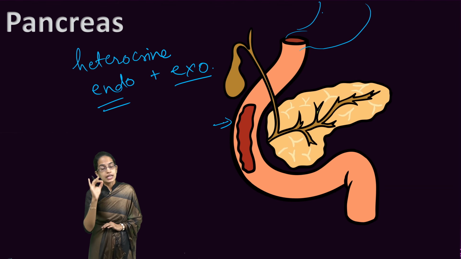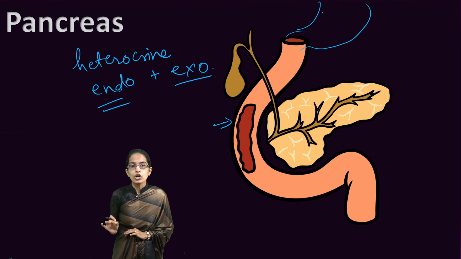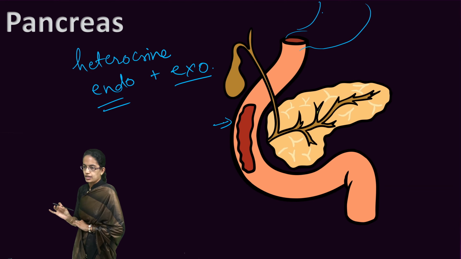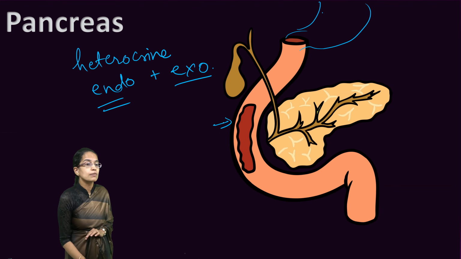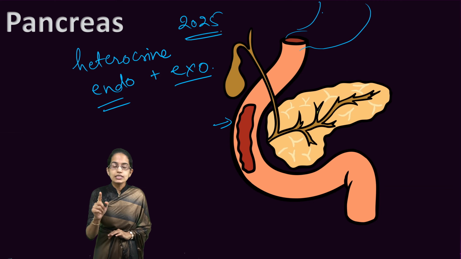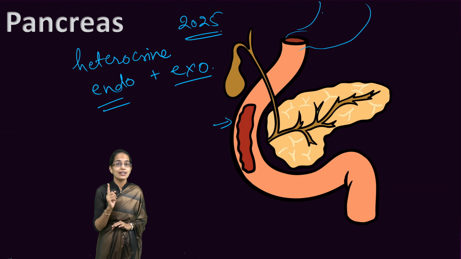Worldwide, the data says that around 25 crore people across the globe are diabetic, of which 4 crore people are in India. It is believed that by 2025, nearly one child out of every 5 would be diabetic. So with that high incidence of diabetes, we need to understand the major functions of pancreas.